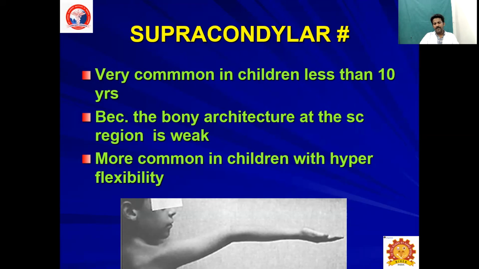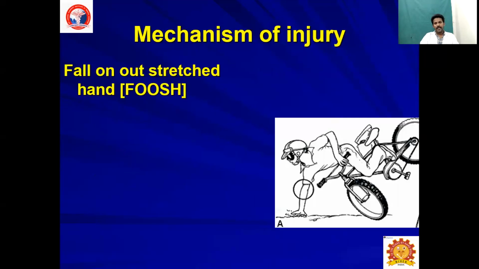If a child falls with an outstretched hand, it will have a fracture in the elbow with extension injury. This extension injury is more common than the flexion type. Mechanism of injury as seen in this picture: fall on an outstretched hand.